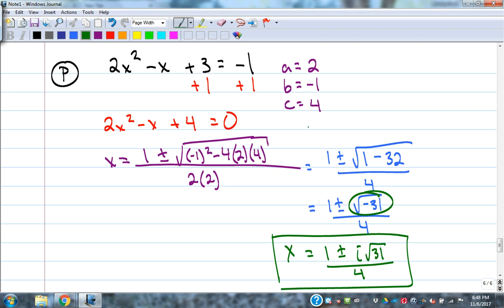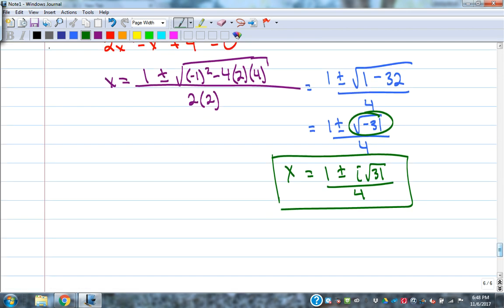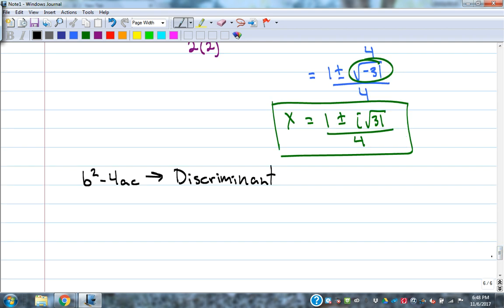This stuff underneath the square root, the b squared minus 4ac, it's the discriminant. And if something is a discriminant, that means it discriminates. What it does is discriminate what kind of answers you have.